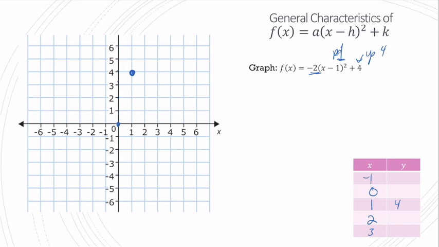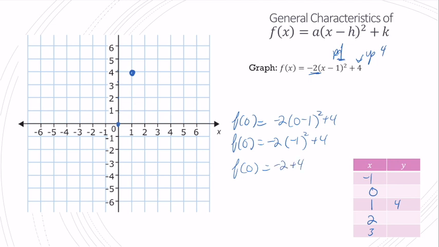If I have f of 0, that's negative 2 times (0 minus 1) squared plus 4. That's negative 2 times negative 1 squared plus 4. F of 0 is negative 2 plus 4, which is 2. And that's also going to be the value when x is 2 because of my symmetry.